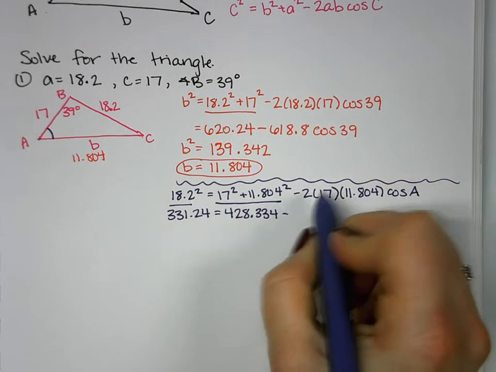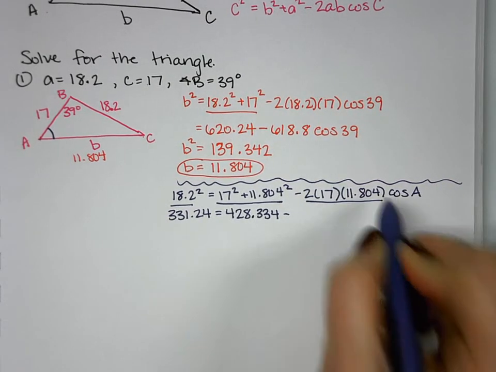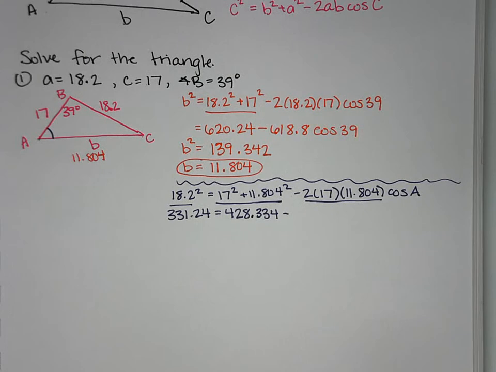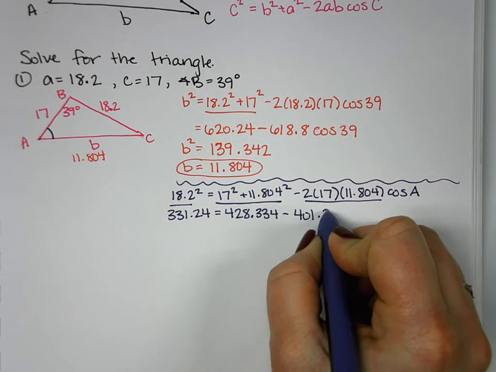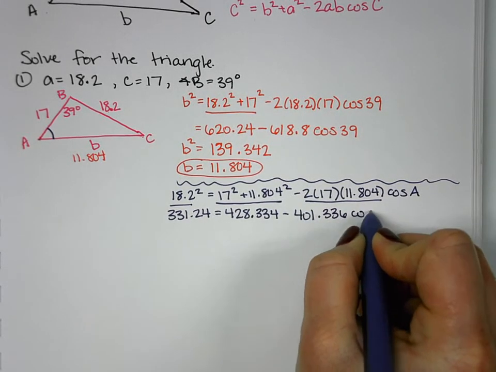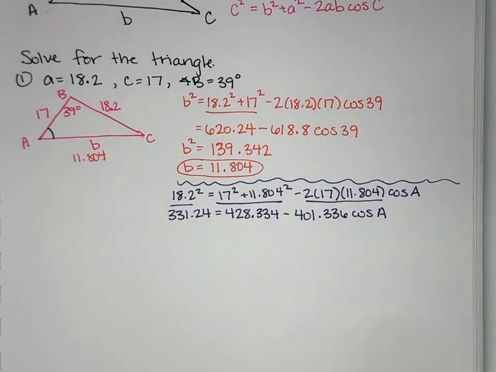Lastly, the coefficient of my cosine: 2 times 17 times 11.804 gives 401.336 cosine A.